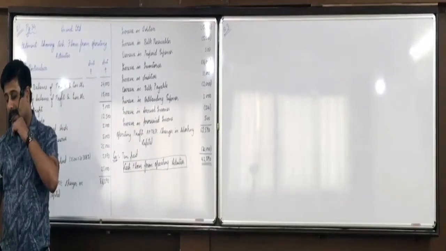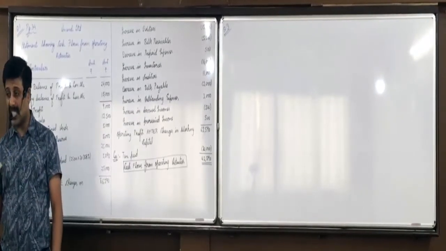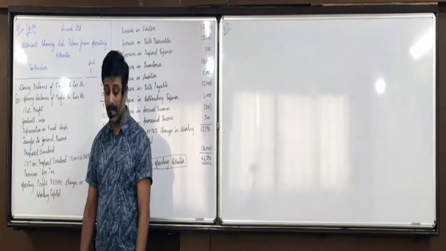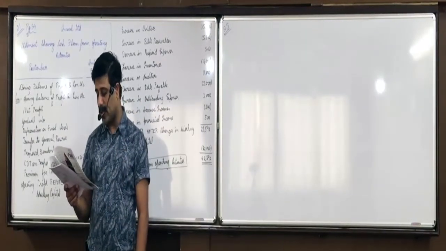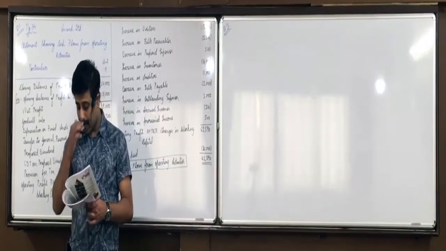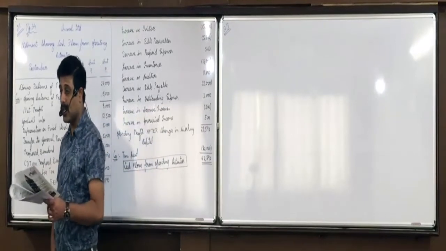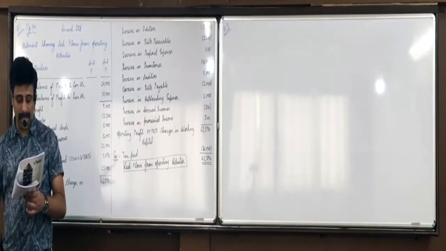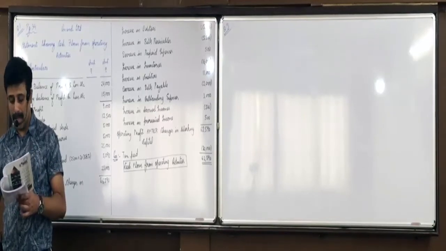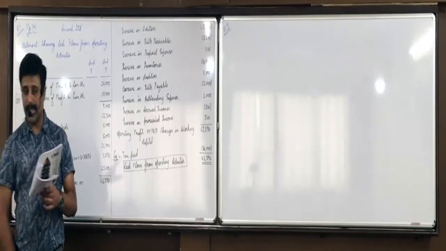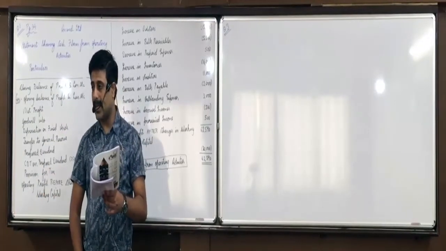A part of plant costing rupees 50,000 having book value of 40,950 was sold for 45,000 during the year. So first of all, what would be the accumulated depreciation on this plant? Yes, correct.